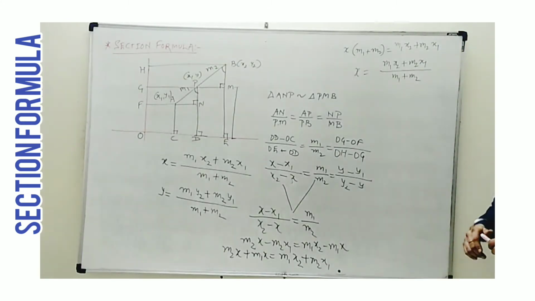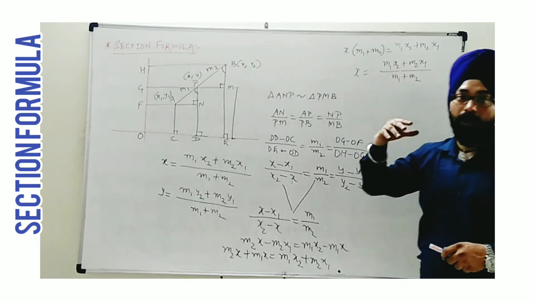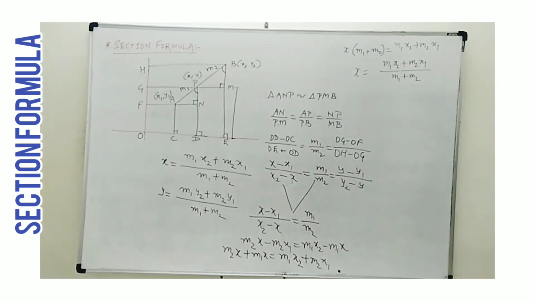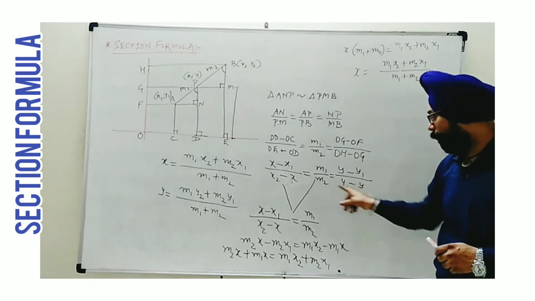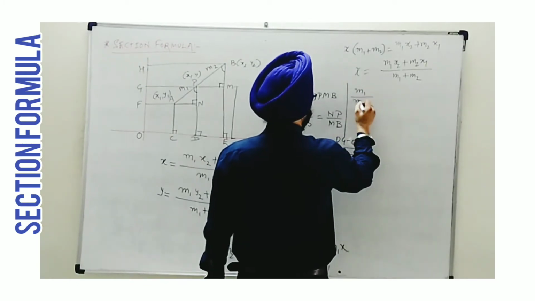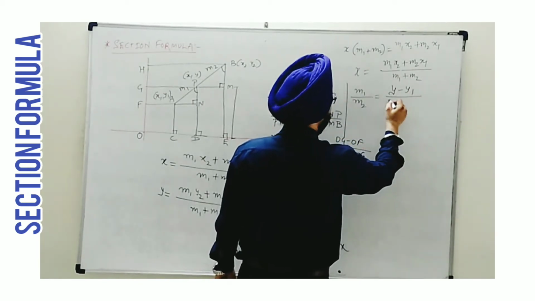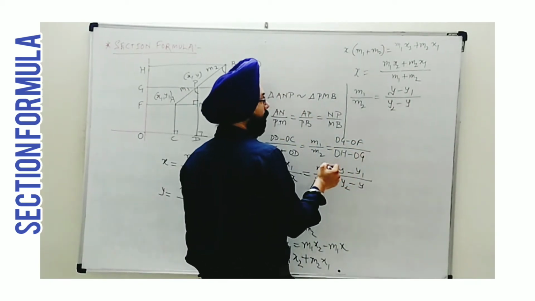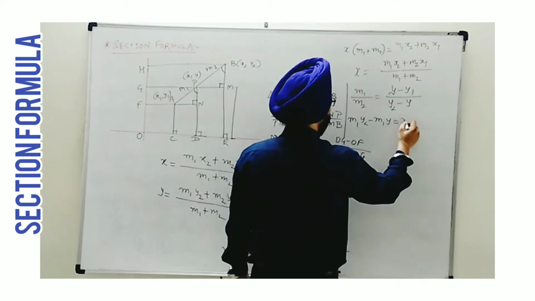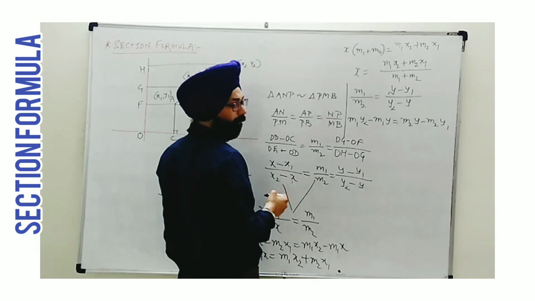This way we have related X, which is the abscissa of P, to X1 and X2, which are the abscissae of A and B. This way we get the formula and we get the value of the abscissa of P. Further, if I equate these two, then the result is M1 upon M2 equal to Y minus Y1 upon Y2 minus Y, and then cross multiplying, we get M1Y2 minus M1Y is equal to M2Y minus M2Y1. And the same thing we will do here also.